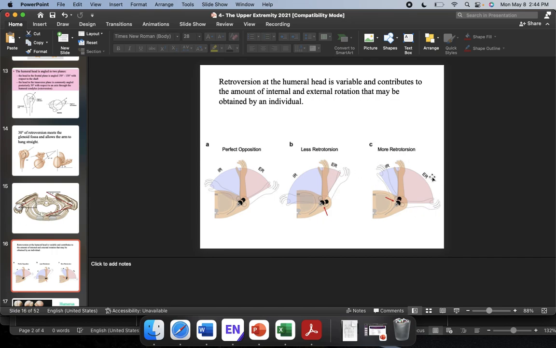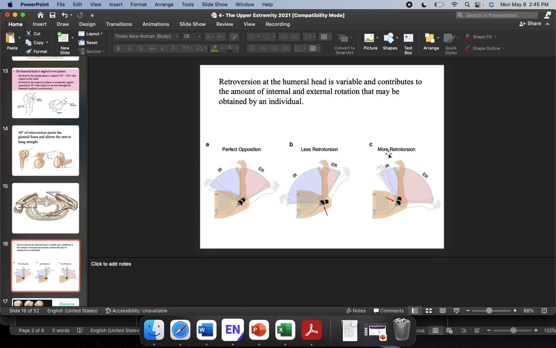the amount of internal and external rotation that is found at the glenohumeral joint. So if someone is about 30, then we're going to see similar amounts of internal and external rotation. If someone is more towards anteversion or less retroverted, so they're 20 degrees of retroversion or 10 degrees or 0 degrees or even anteverted a degree or two, then that person will have excessive amounts of internal rotation with limited external rotation.